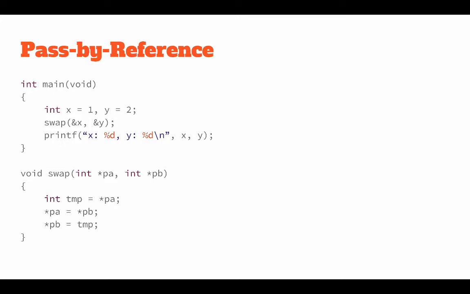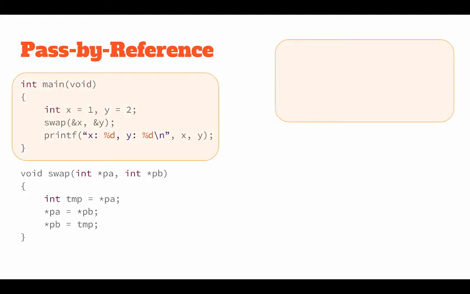Instead of passing in int a, int b, we're passing in int star pa, which means a pointer to an integer, and int star pb, which means pb points to an integer. So we're passing in 2 pointers now as arguments.